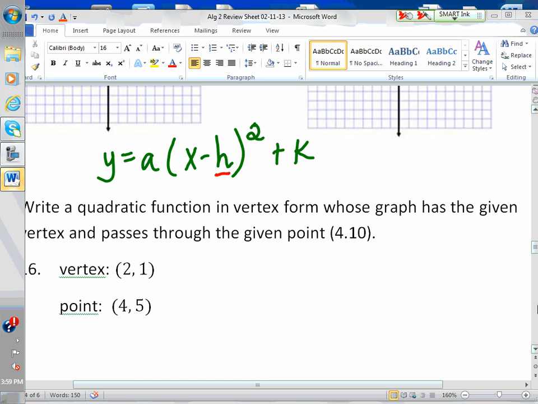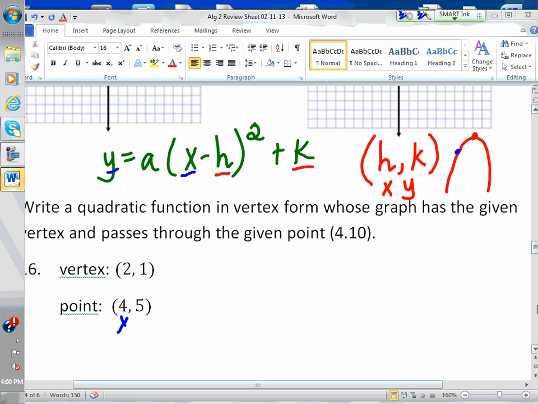So h and k are the x and y coordinates of the vertex of a parabola. And x and y are just going to be the coordinates of a point on the parabola, which they're giving you in each of these problems.